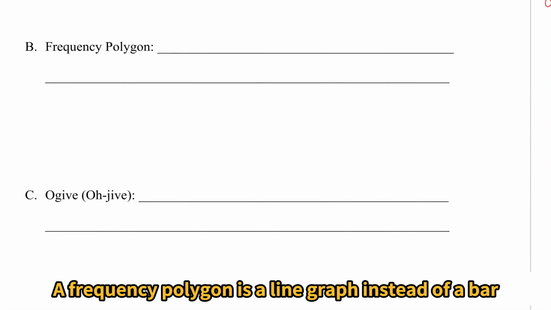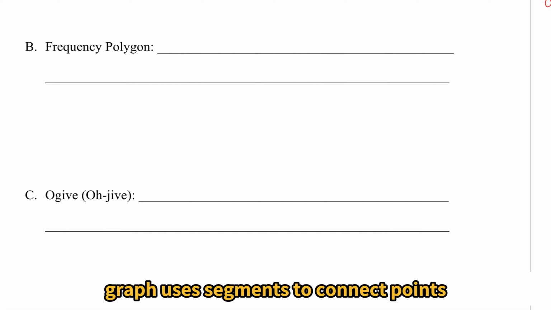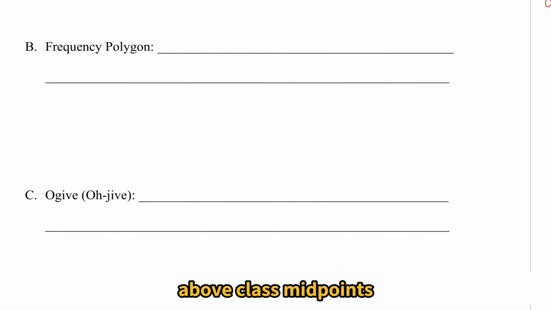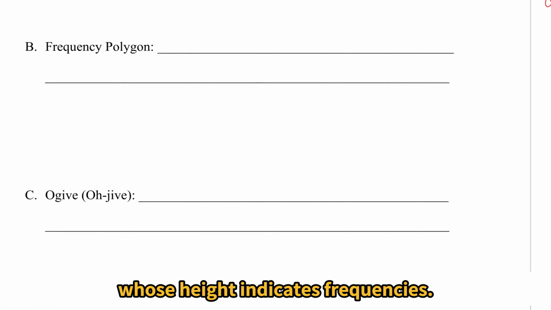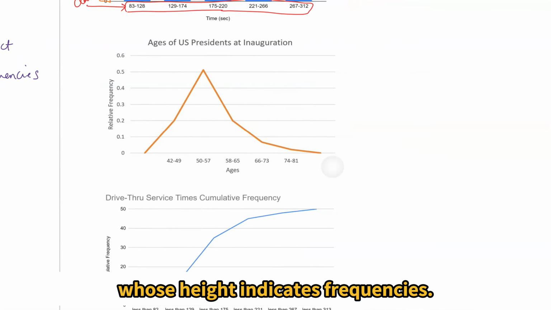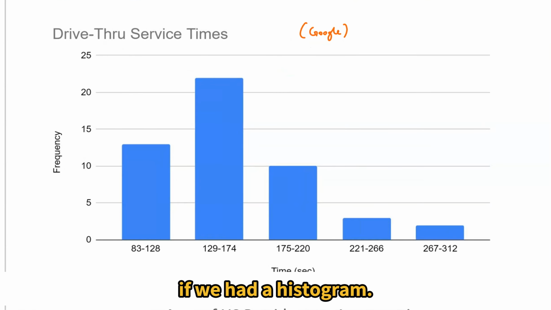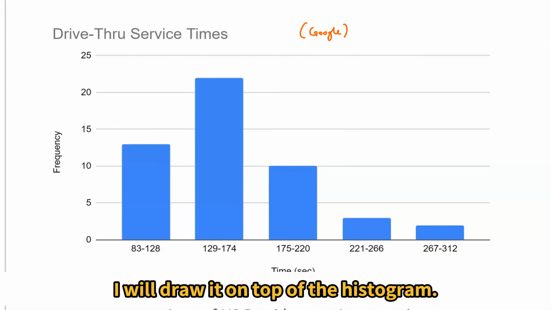A frequency polygon is a line graph instead of a bar graph. And the frequency polygon's line graph uses segments to connect points above class midpoints whose height indicates frequencies. To show you what this would look like if we had a histogram, I will draw it on top of the histogram.